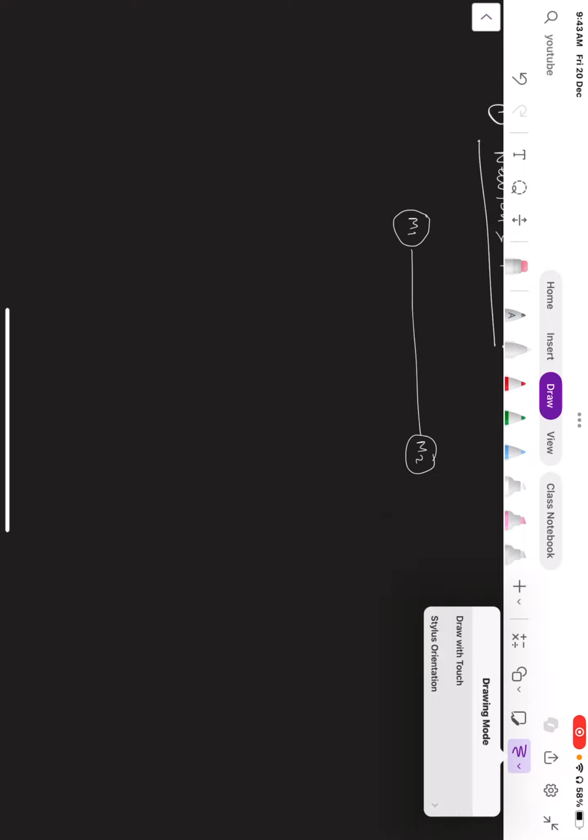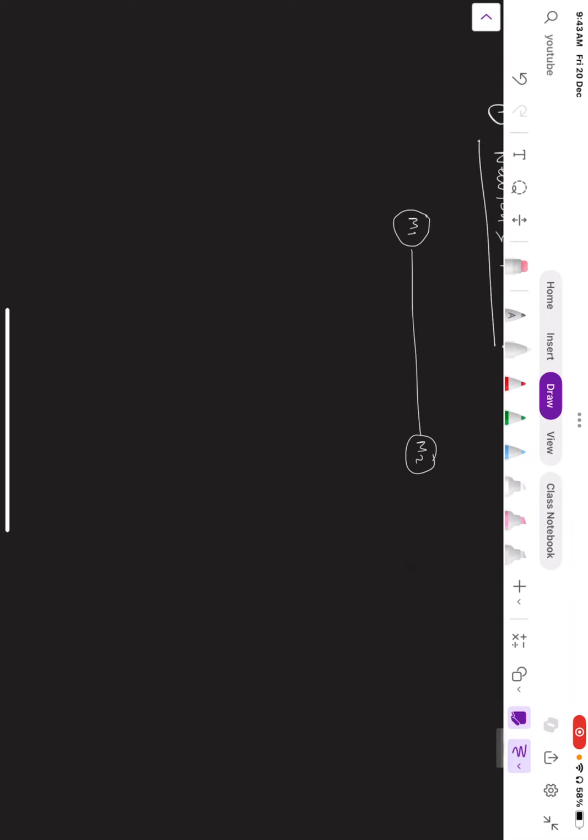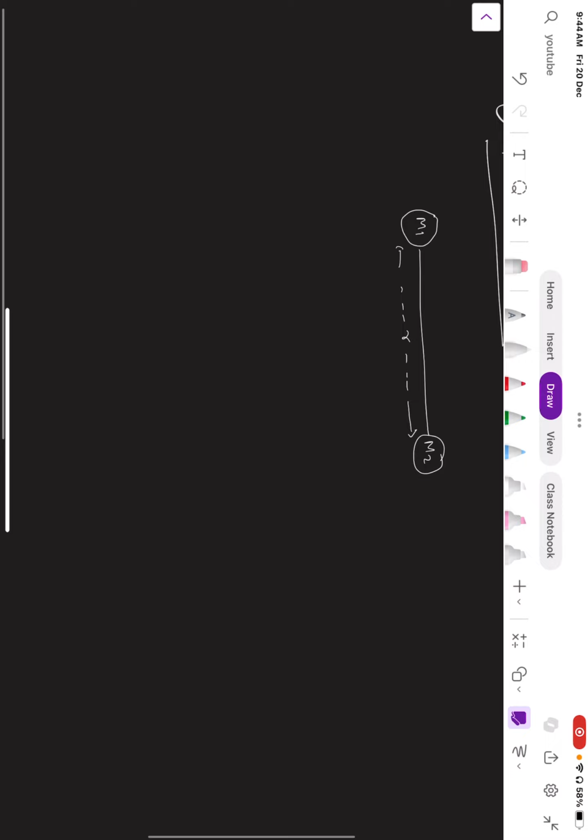So first is Newton's formula. Now what Newton says is that if there are two masses m1 and m2 at some distance r, then there is a force of attraction between them.